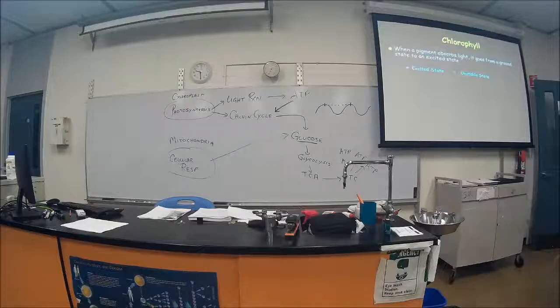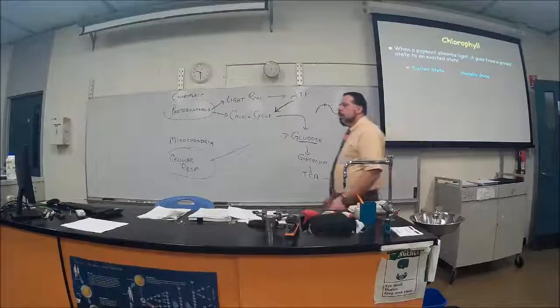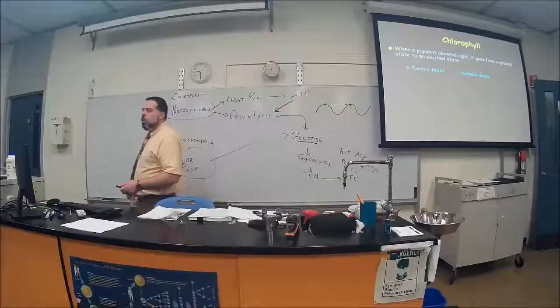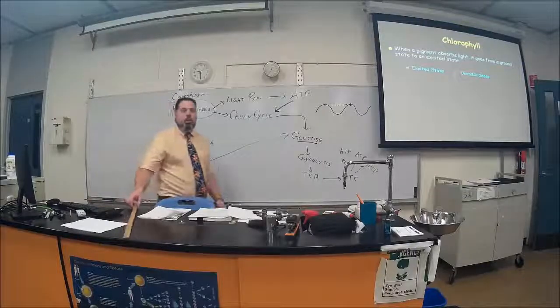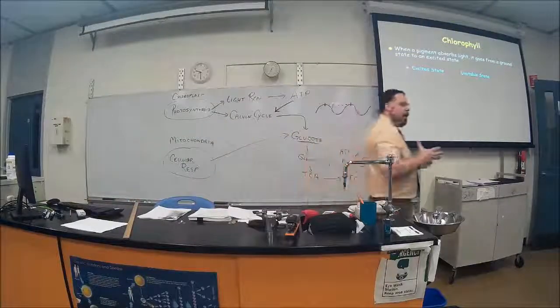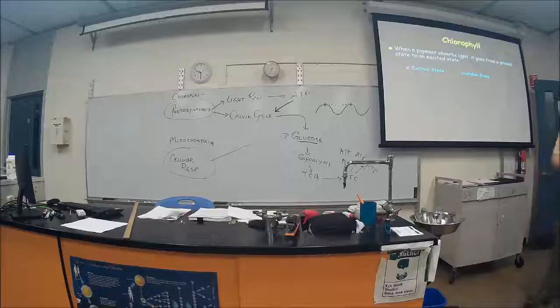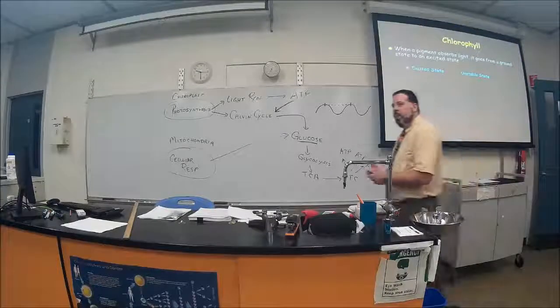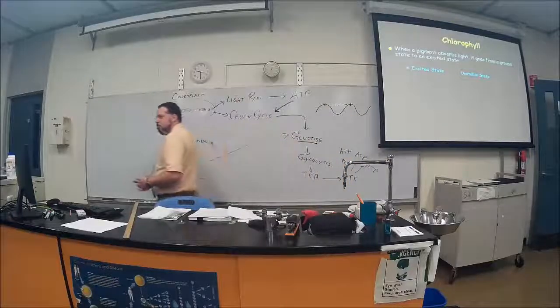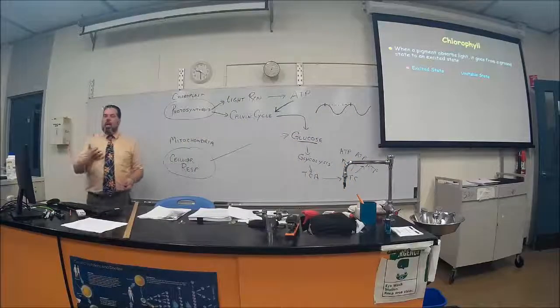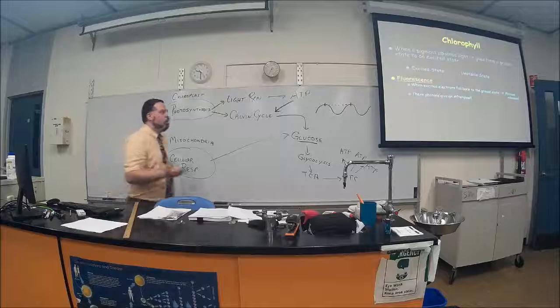So with chlorophyll, when a pigment absorbs light, it goes from what we call a ground state to an excited state. When it absorbs light, it gets excited. When it gets excited, it's unstable. It releases energy. But then it goes right back down to the ground state.